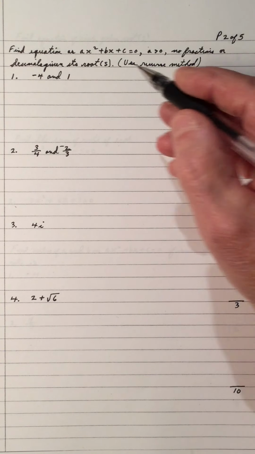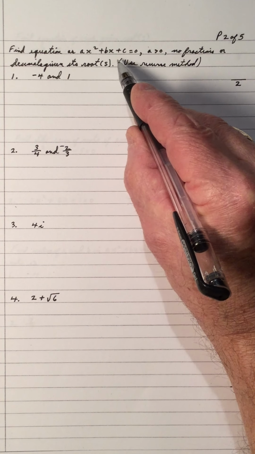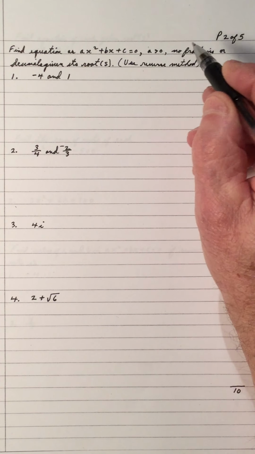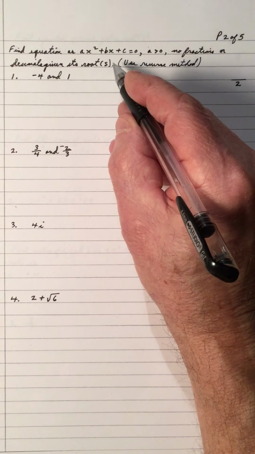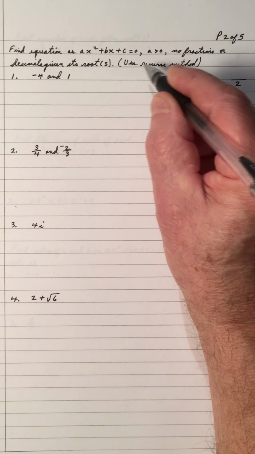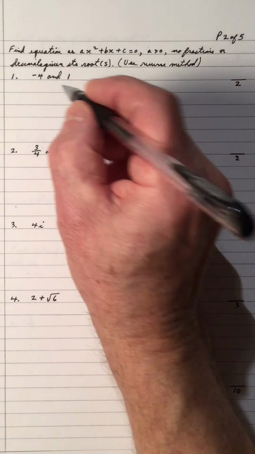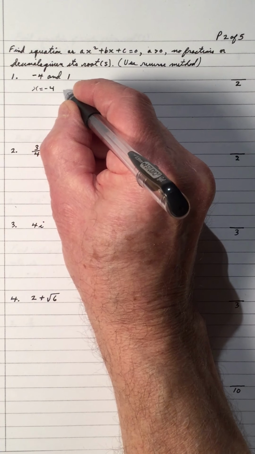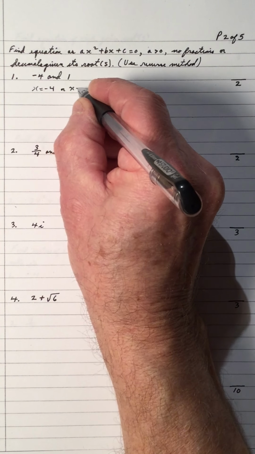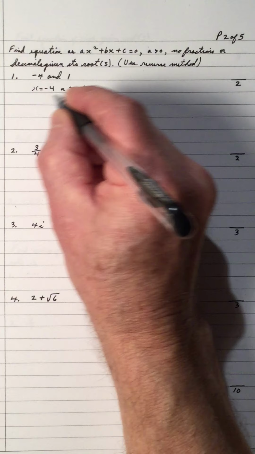There we go. Find the equation as ax squared plus bx plus c equals 0, a is greater than 0, no fractions or decimals, given its roots. Use the reverse method. So the reverse method is let x equal each of the roots. So x is -4, x is 1.